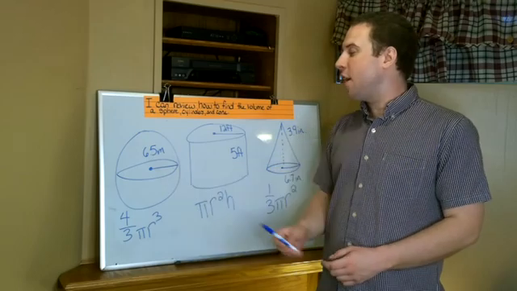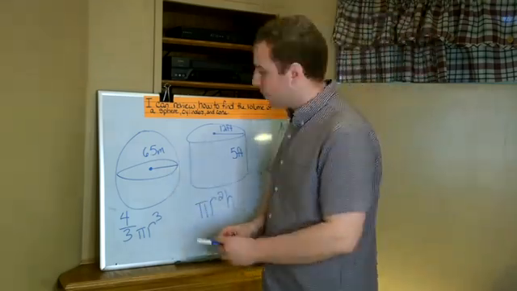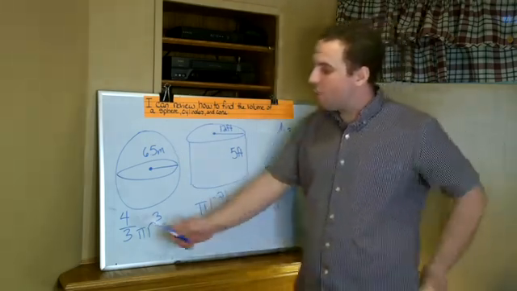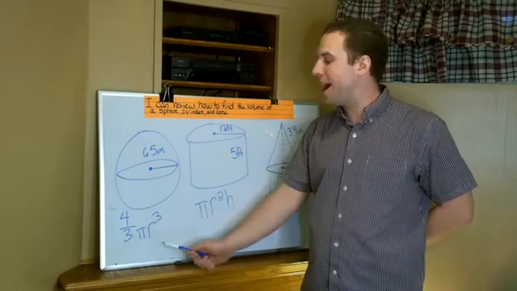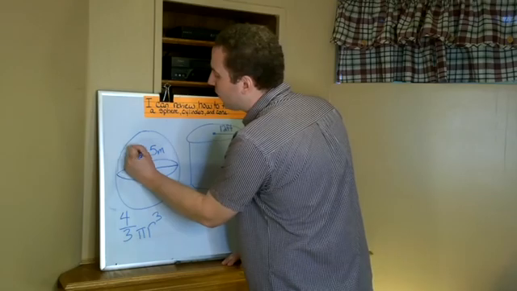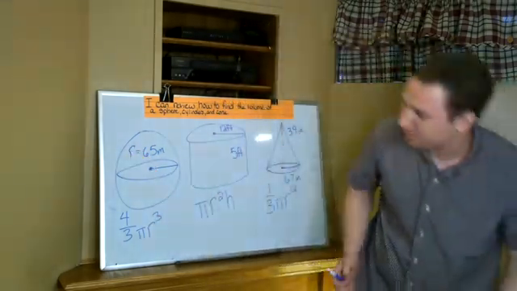For a sphere, let's say I have a radius of a sphere of 6.5 meters. And let's say I want to figure out the volume. So once again, your formula is 4/3 pi r cubed. R again means your radius, so for r, I'm going to plug in 6.5 meters.